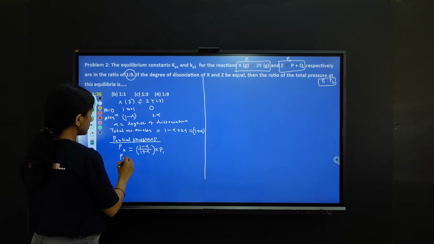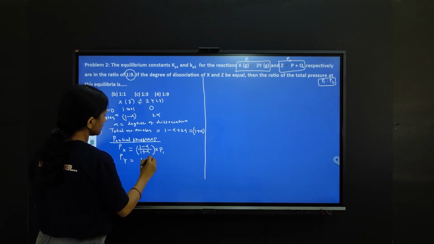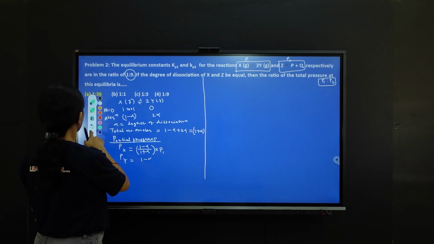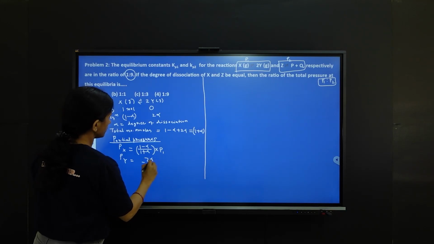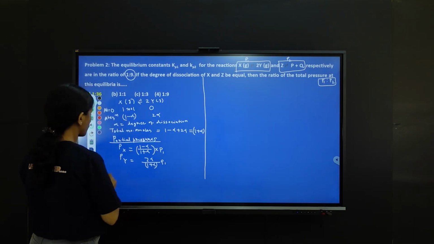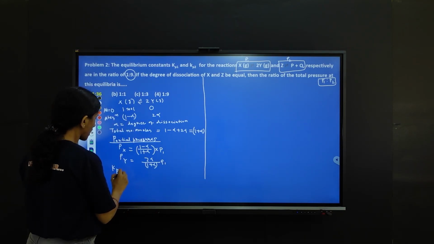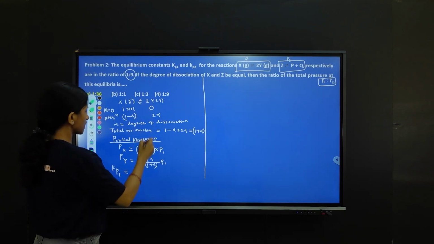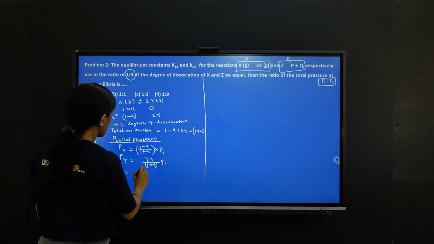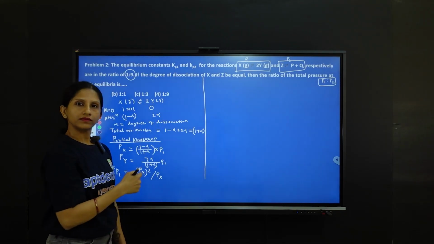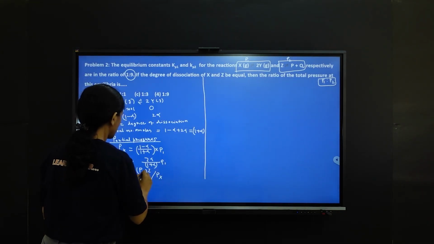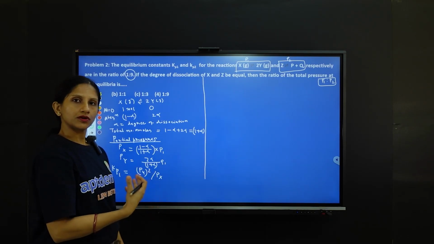And Py can be written as 2 alpha divided by 1 plus alpha times P1. From here, Kp1 for this reaction can be written in the following manner: Py square divided by Px, because 2 moles of Y have been formed, and we have Py and Px, that is the partial pressures of X and Y.